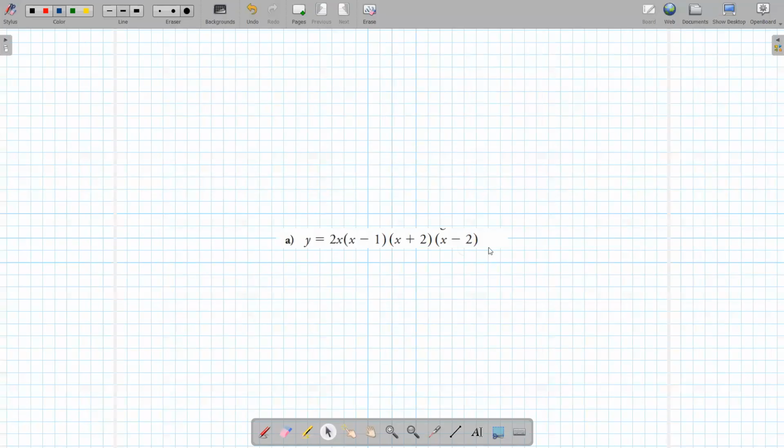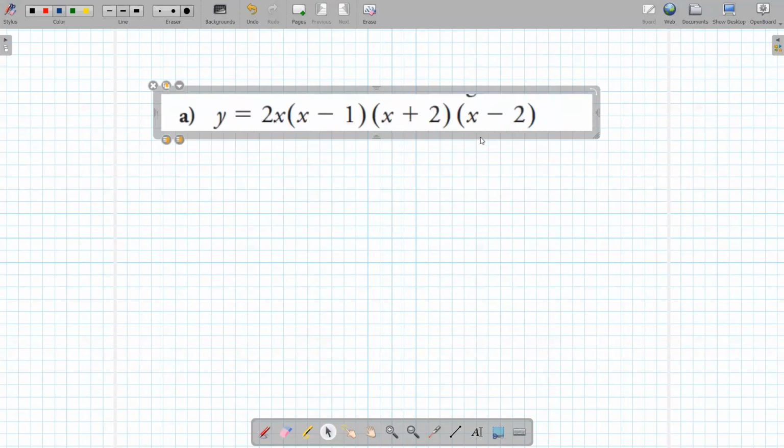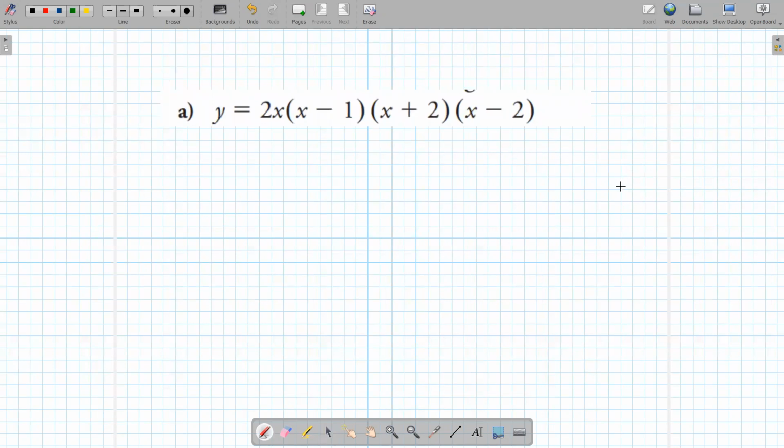So they'll give you a question like this, okay? And then they're going to ask you everything that we just talked about before. Domain, range, they sometimes will ask you. And then they're going to ask you for positive and negative intervals. Then they're going to ask you for increasing and decreasing.